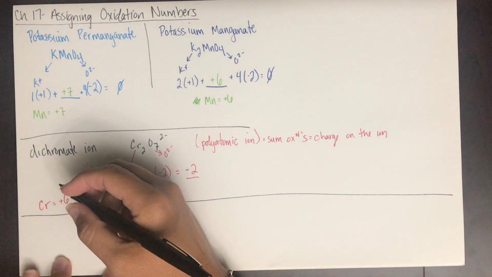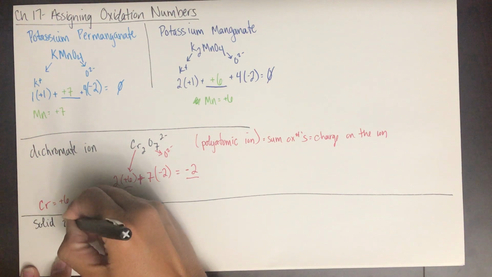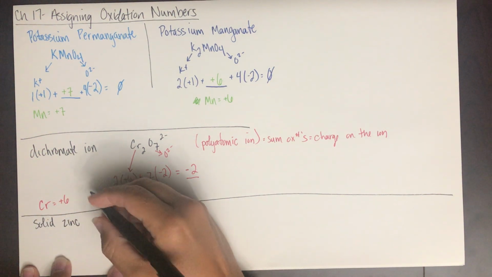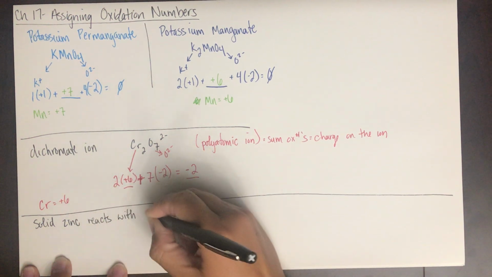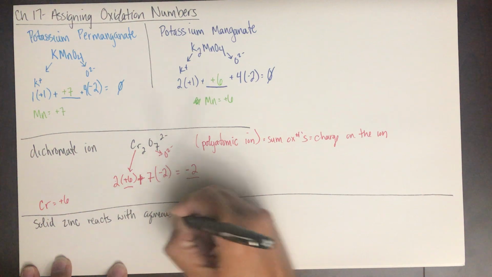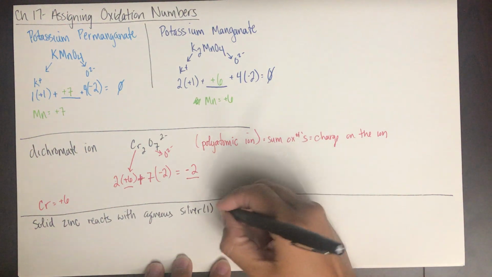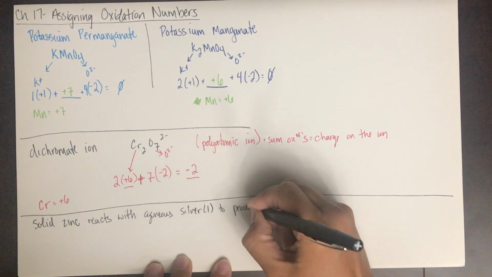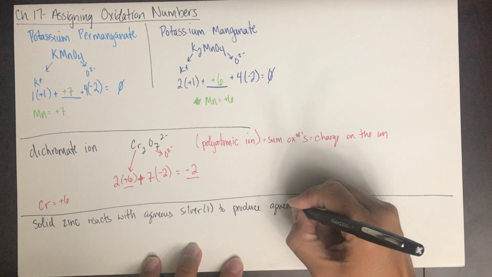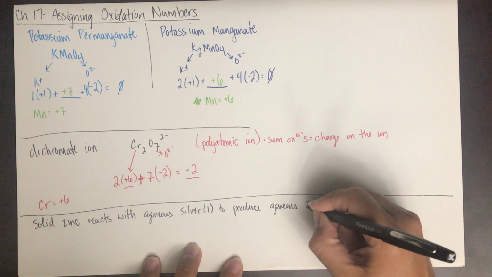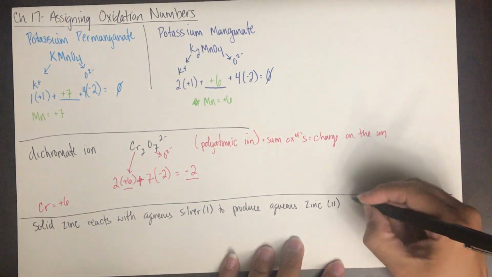So I'm going to write out the equation. It said solid zinc reacts with aqueous silver 1 to produce aqueous zinc 2 and solid silver.